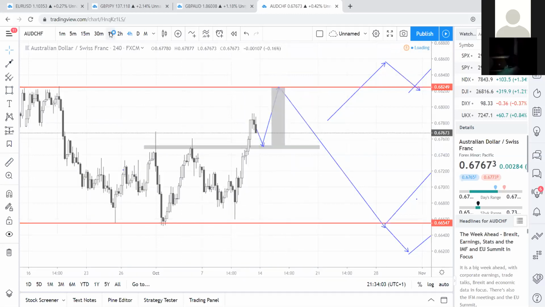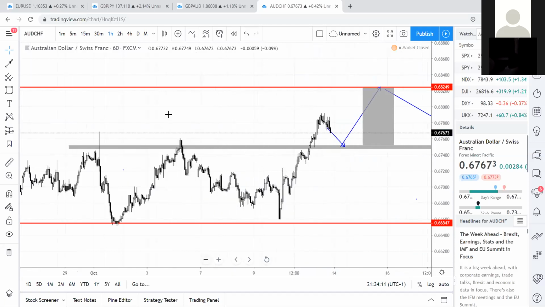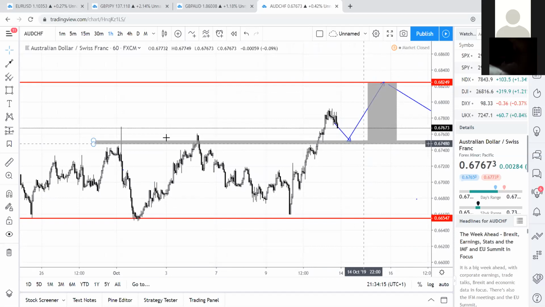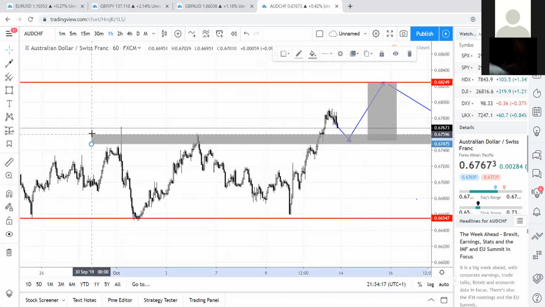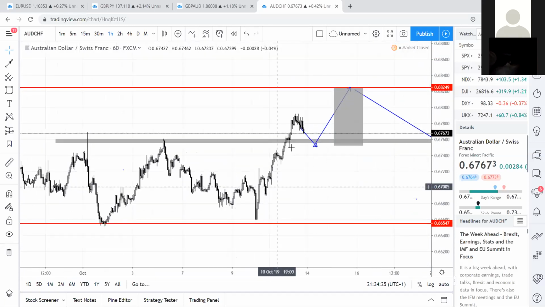It could have been the same on 1 hour. Let's go to 1 hour and see. Look at 1 hour. Previous high. Can you see what I just explained to you? Previous high, and then of course previous low on 1 hour.